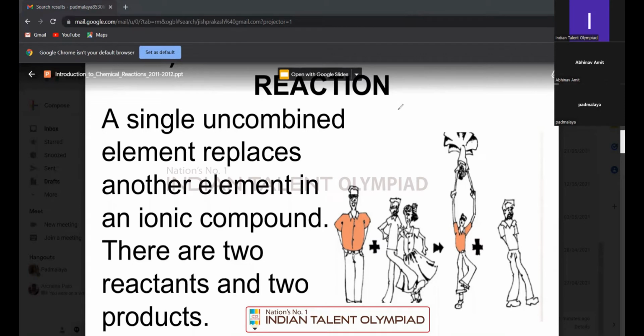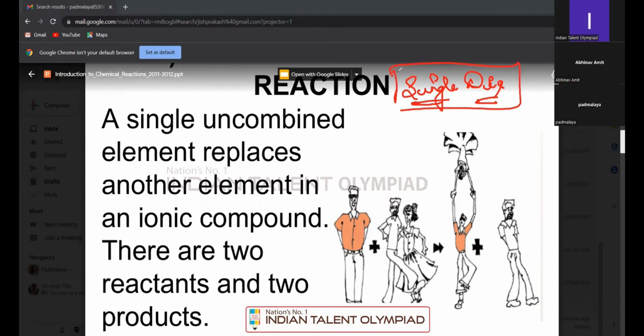For example, in single displacement reactions, only elements in their free state, that is, pure metals, will undergo single displacement reactions.